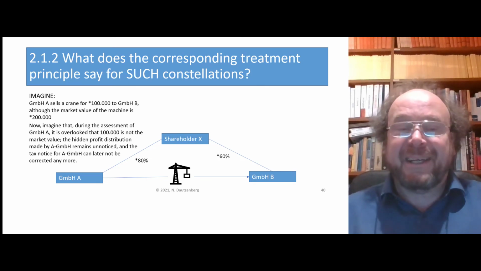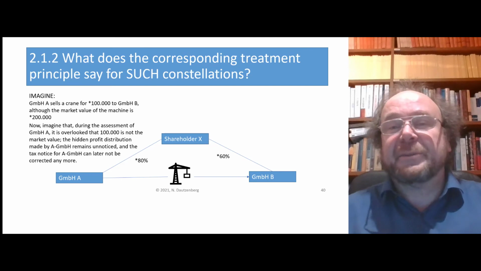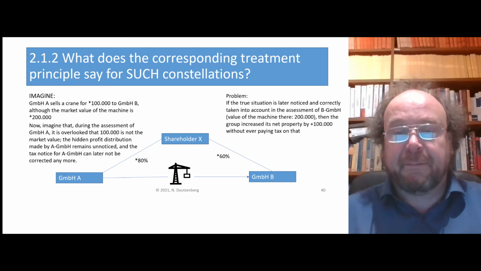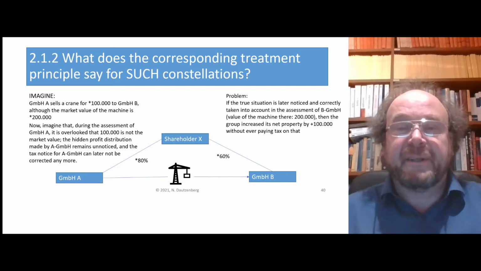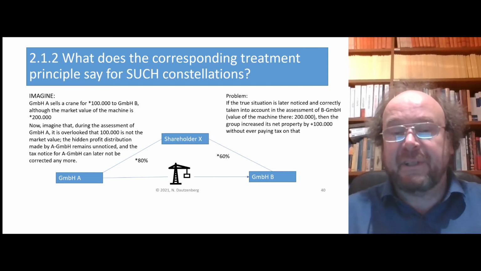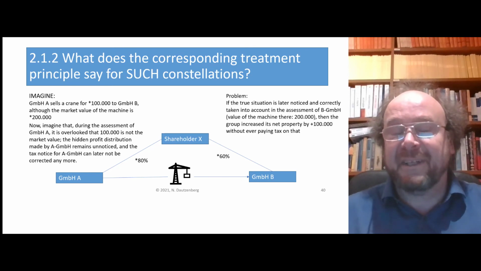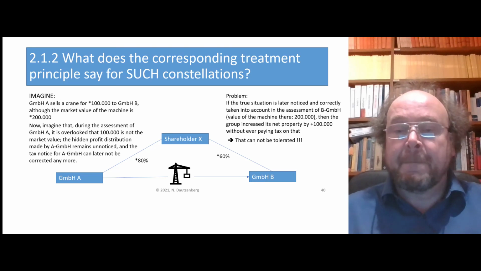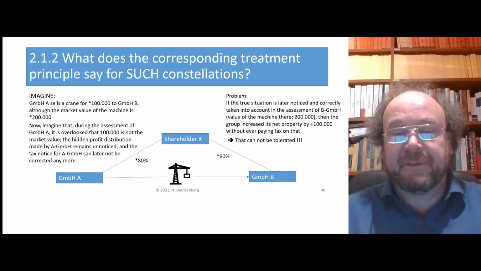Now imagine that hidden profit distribution has been overlooked, and so A has only paid taxes on 100,000. So the 100,000 additional value have left the sphere of GmbH A without ever having been taxed. That cannot be tolerated. We have to recover the tax somewhere.